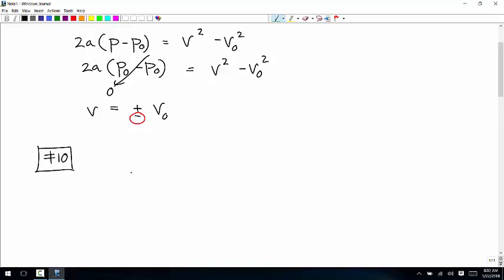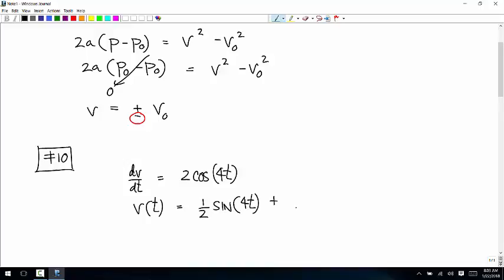So dv/dt is equal to 2 cosine 4t. Velocity as a function of time is equal to 1/2 sine of 4t plus 1.